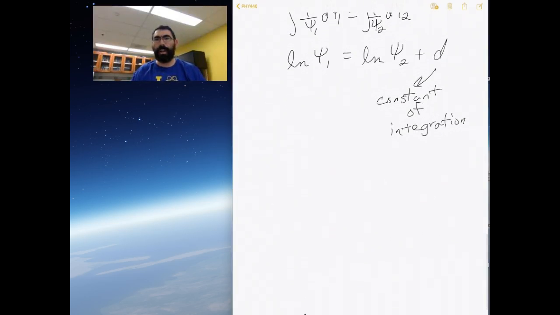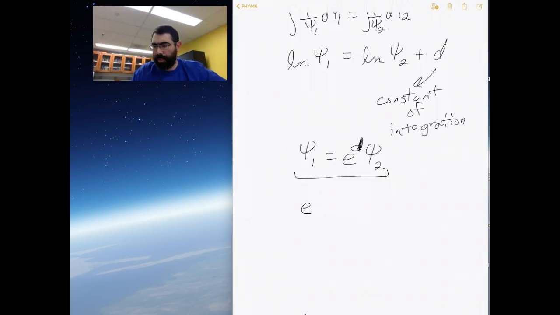Okay, so now I can get rid of the logarithms and just basically take it to the power of an exponential. So then I would get psi 1 is equal to e to the d, psi 2. And so in the end, what I'm left with is that psi 1 is equal to psi 2 with a factor in front of it.